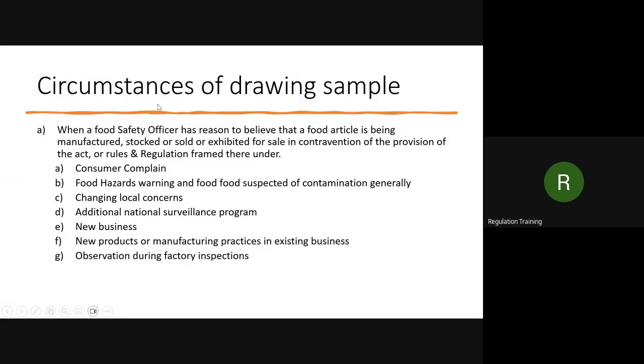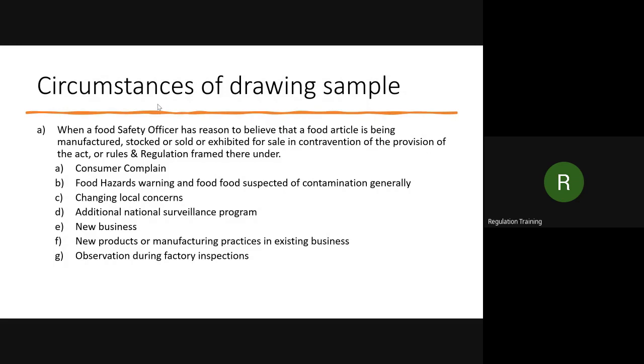Now, under which circumstances can a sample be drawn? So one is the consumer complaint. Consumer complaint means if I have complained against your product, the food safety officer has to collect the sample, and that right has been given to the consumer also.